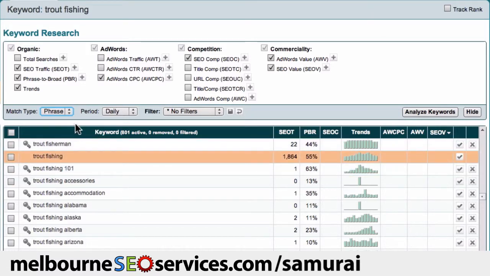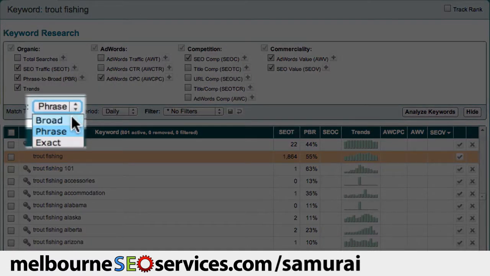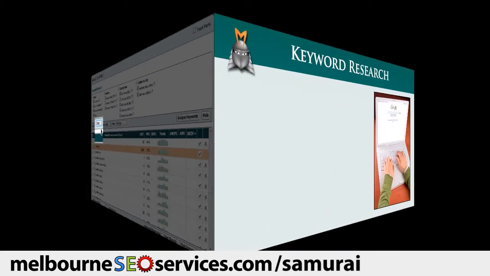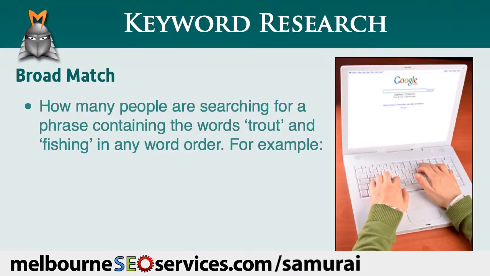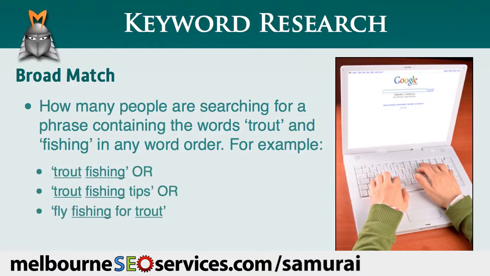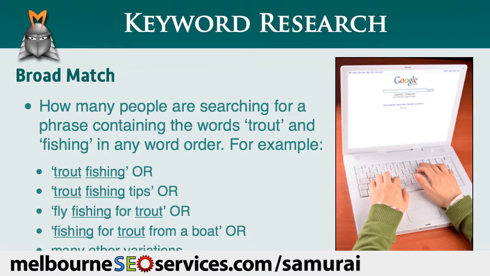Now finally, let's take a look at the broad match type. This time, the SEO traffic figure relates to how many people are searching for a phrase containing the words trout and fishing in any word order, along with additional words. This would include phrases such as trout fishing, or trout fishing tips, or fly fishing for trout, or fishing for trout from a boat, and many other variations.